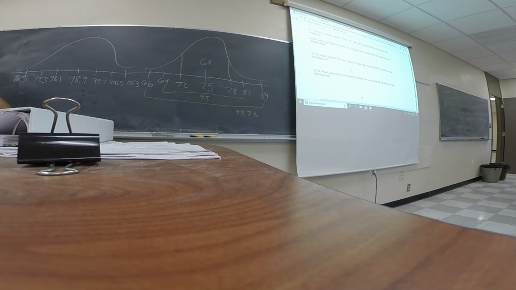All right, number 3, they give you a graph, but it does give you the normal model. It says, given a normal model, 56, 17.